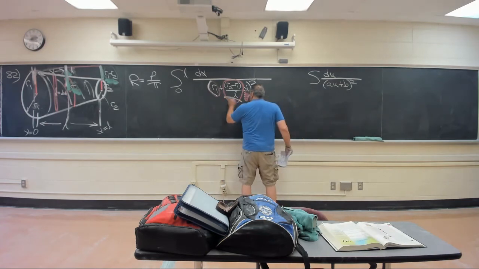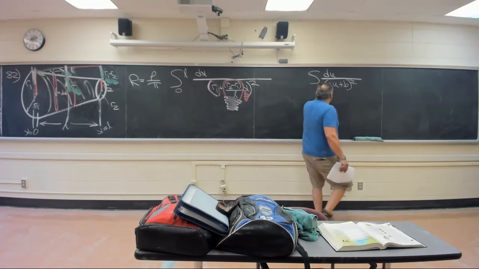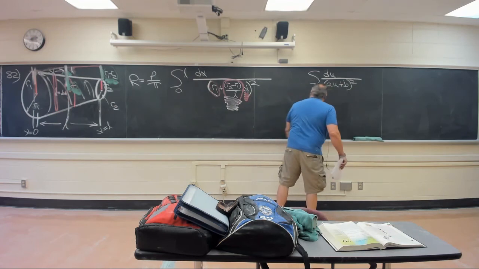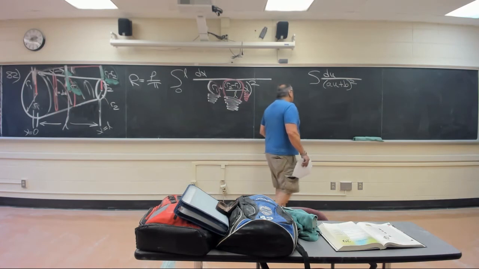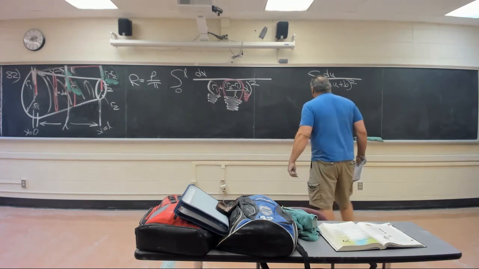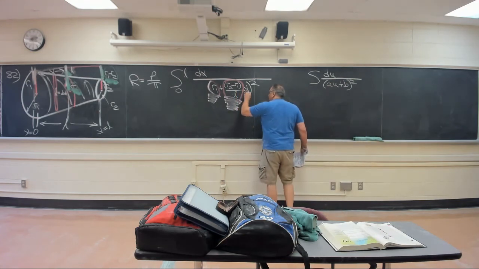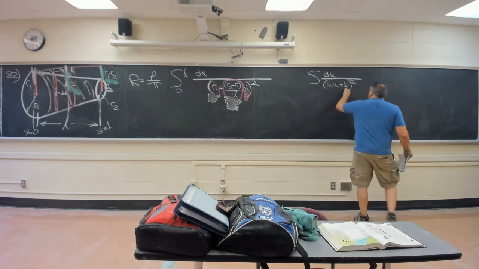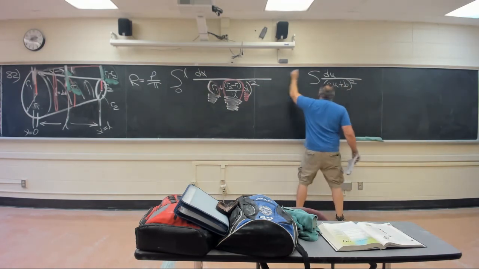Now, who's what? The quantity R2 minus R1 over L, that's your A. The X is your U, and the B is the R1. You might want to rewrite it so it looks like that, but this is A, this is U, this is B. The square, the dx, the du.